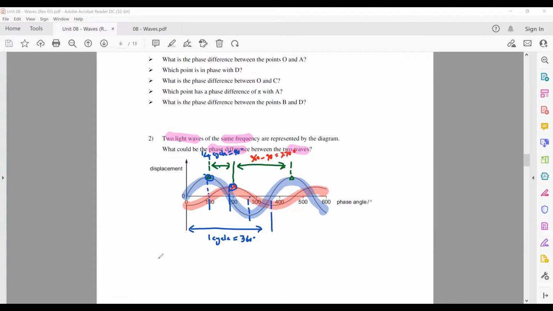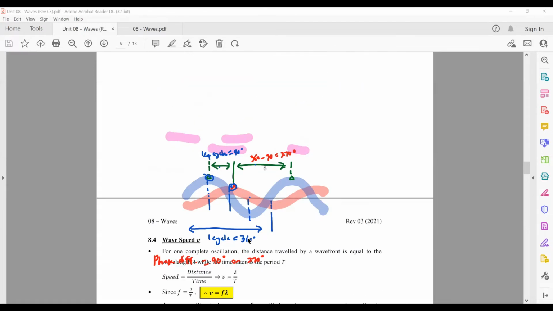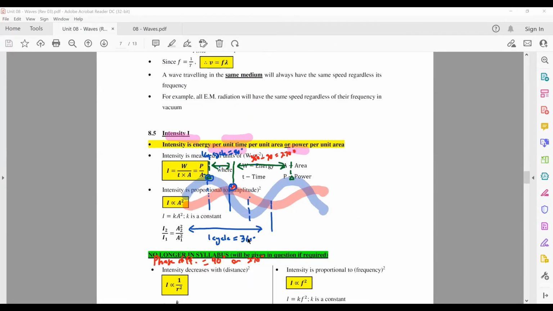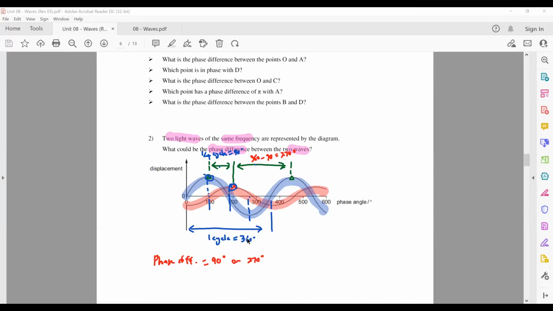So here your phase difference is either 90 degrees or 270 degrees. All right, so this part is for this. Maybe I just write here: first phase difference.